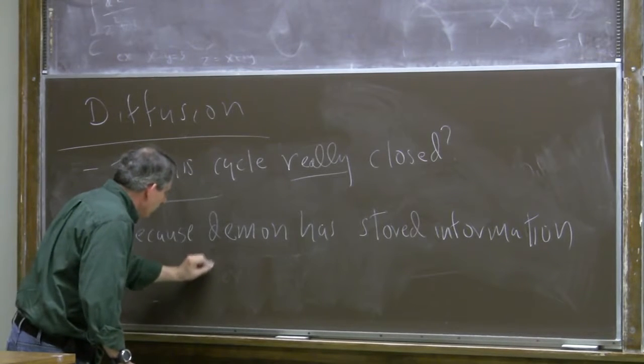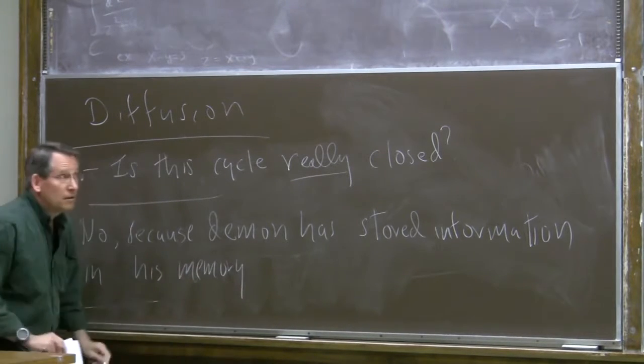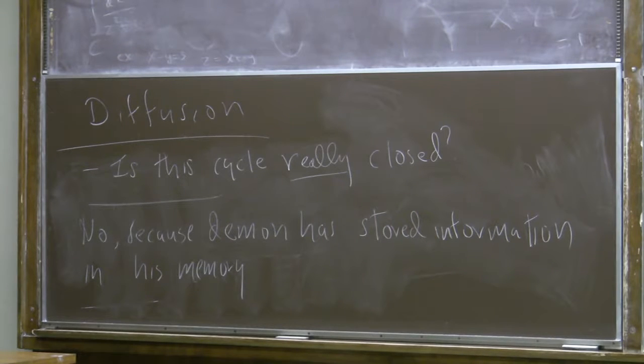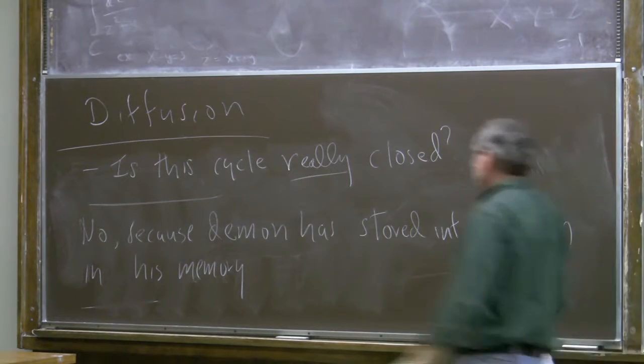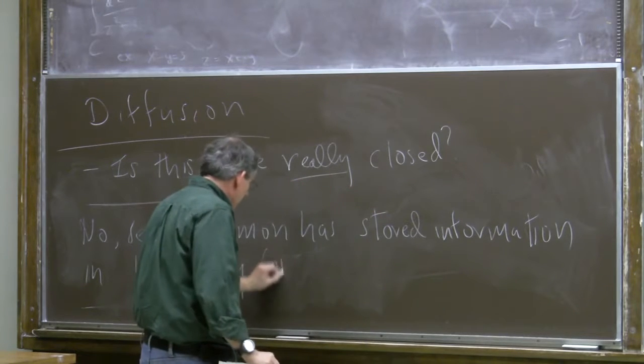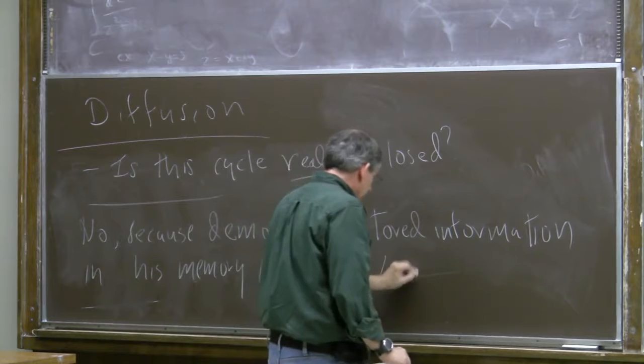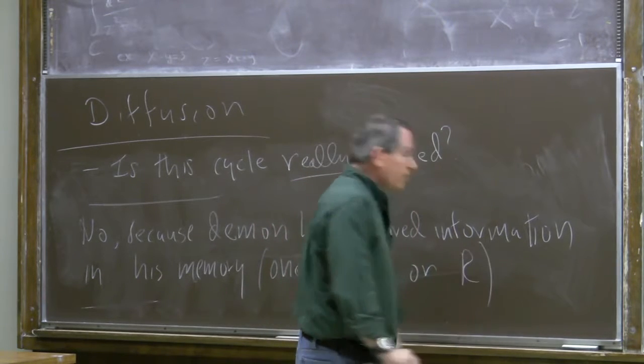He had to store it, right? He made the measurement to figure out whether the molecule was on the left or the right. He wrote that down. Then he was able to figure out how to load the wall during the isothermal expansion. What he stored was 1 bit: whether it was left or right when he measured it.